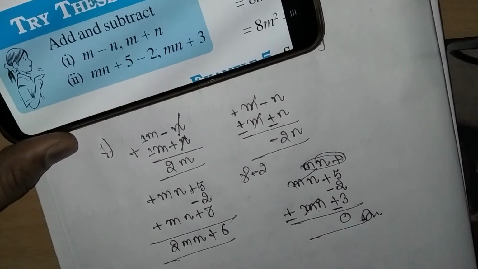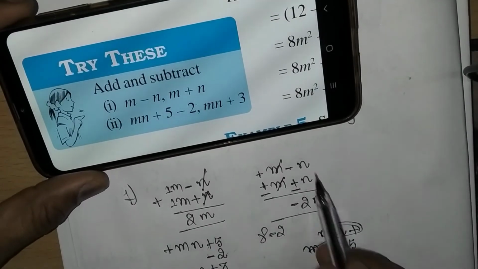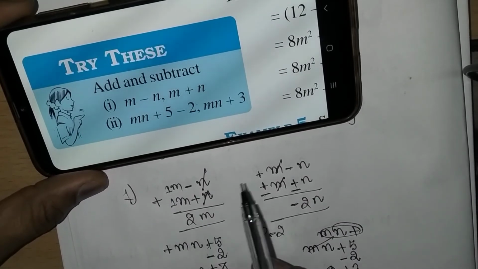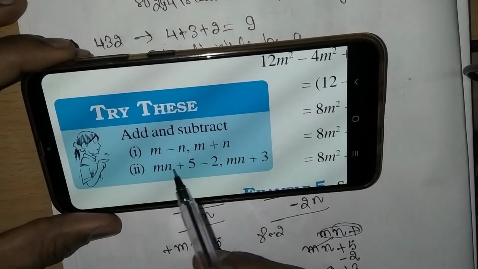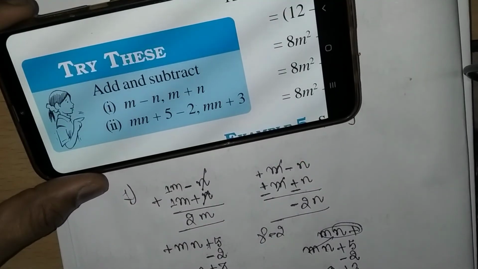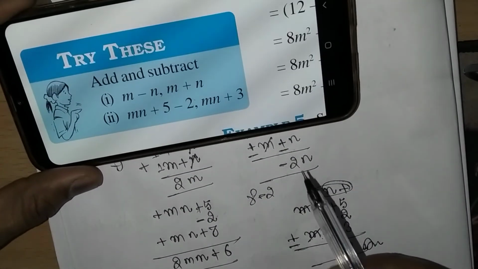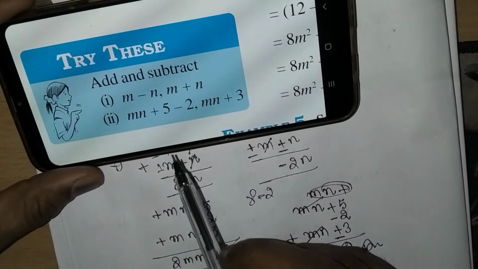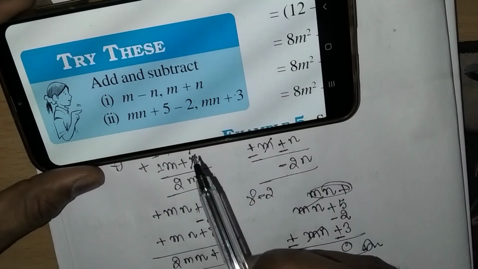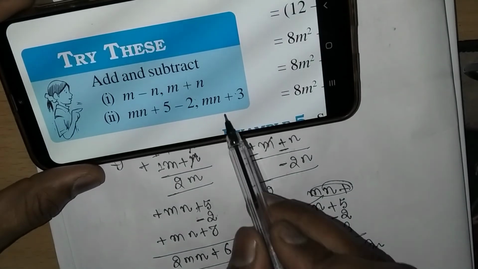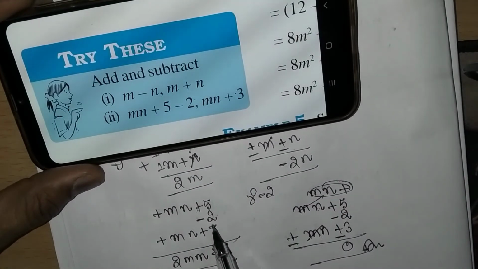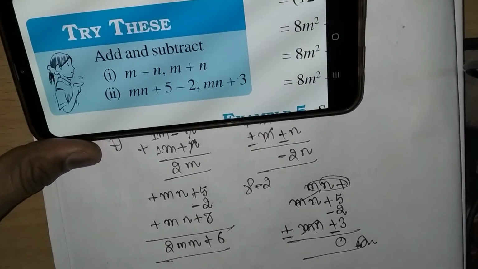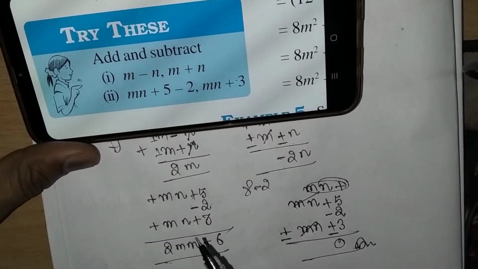If we are adding these two binomials, here we will get 2m. If we are subtracting second from first, then we will get this one. Similarly, we have this binomial and this binomial, then we will take this binomial below this one, and you will remember that like terms must be in the same column.